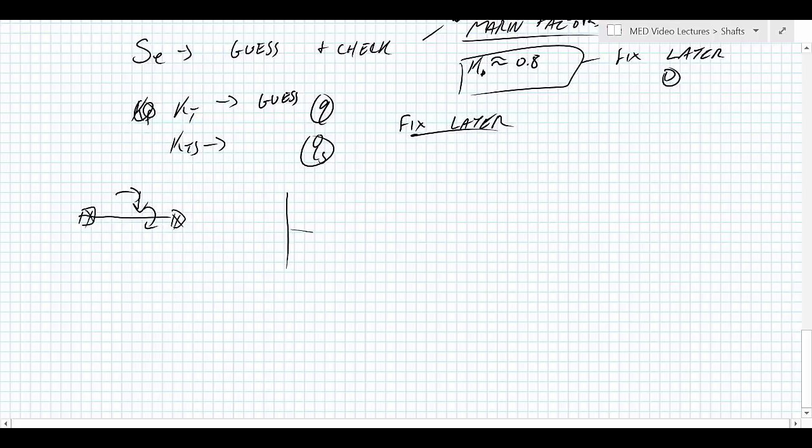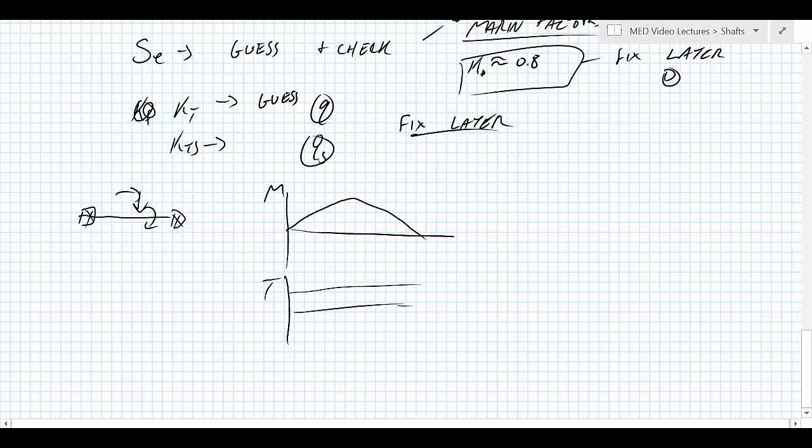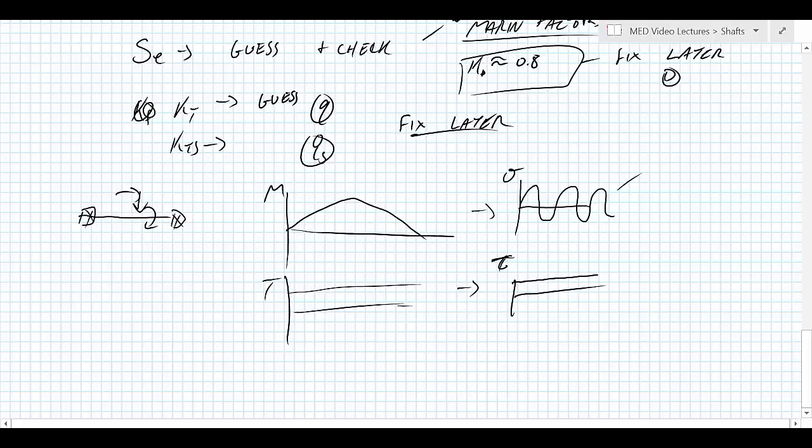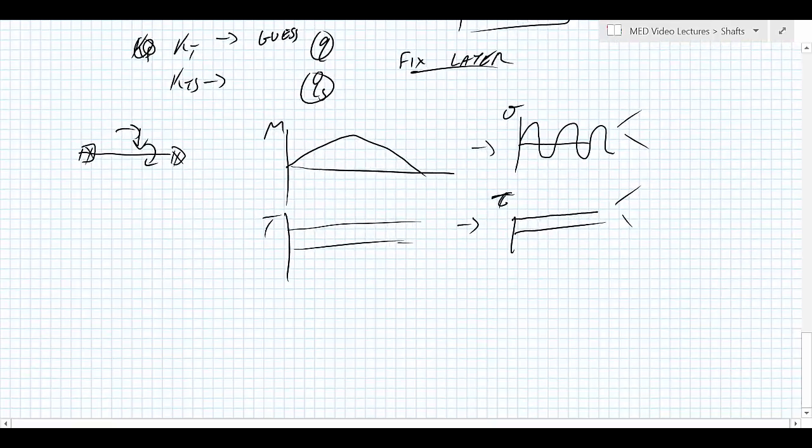Over time, our bending moment is shaped through that graph, and our torque is constant while in operation. The stress due to bending at a particular location, typically the outside of the shaft, is fully reversed. That's the normal stress due to bending. Whereas the shear stress due to torque, no matter where we are on the shaft, is constant. So this affects how we calculate the fluctuating portions of our load.